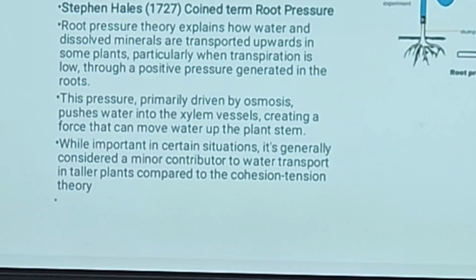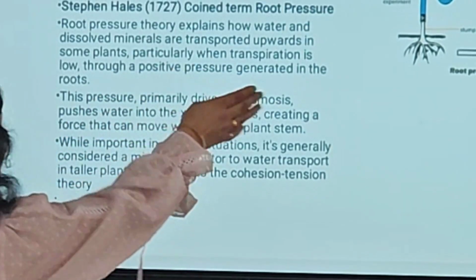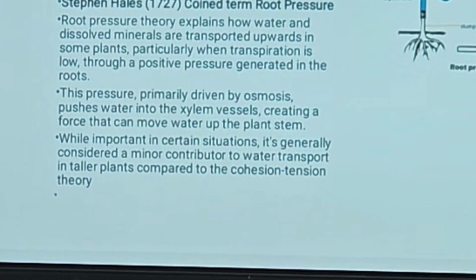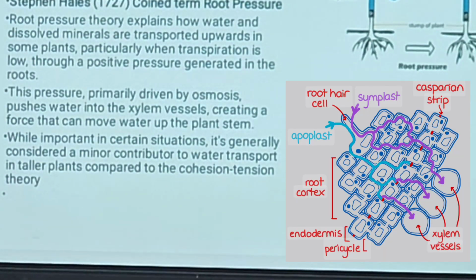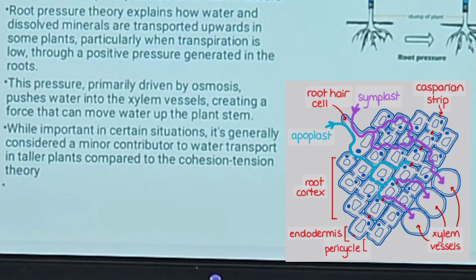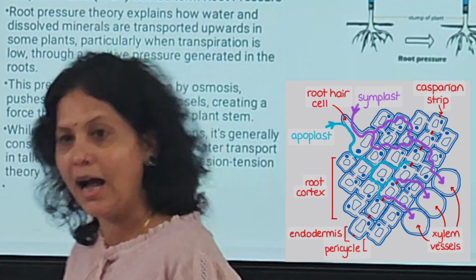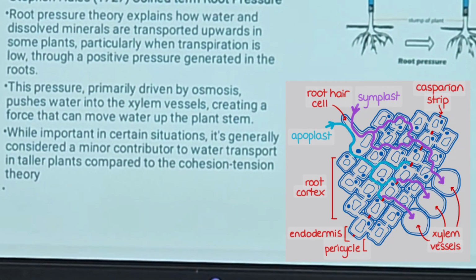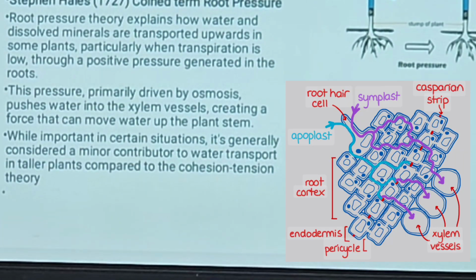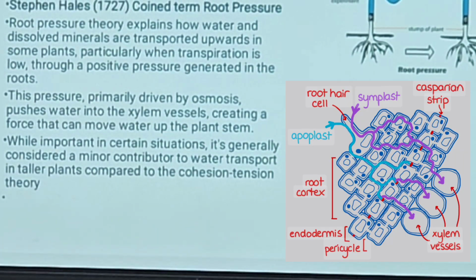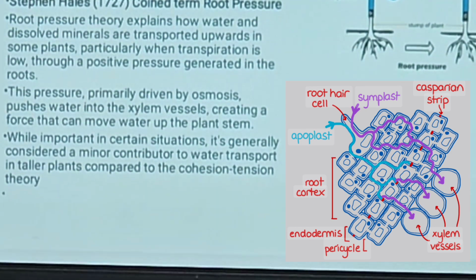However, this pressure is primarily driven by osmosis, because when water moves from higher concentration to lower concentration through a semi-permeable membrane, we call it osmosis, and it moves water into the xylem vessels, creating a force that can move water up the plant stem. While important in certain situations, it is generally considered a minor contributor to water transport in taller plants as compared to the cohesion tension theory explained by Dixon and Joly.